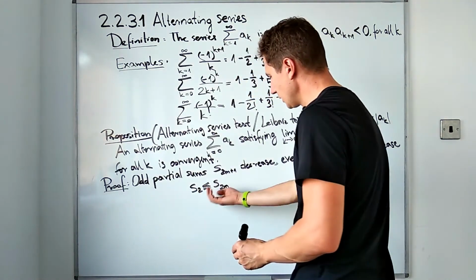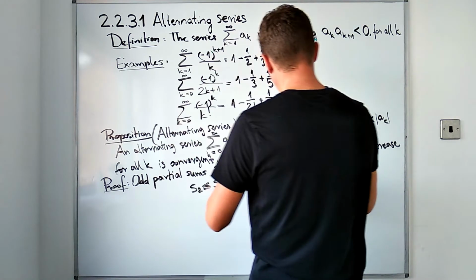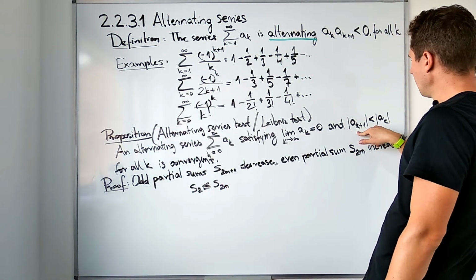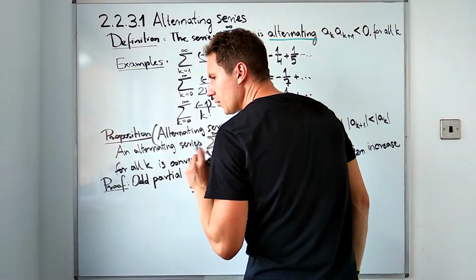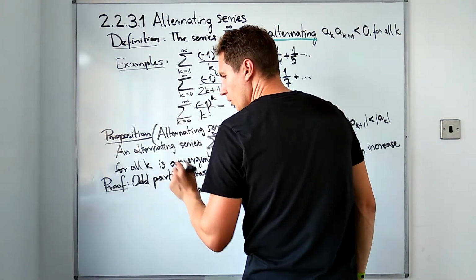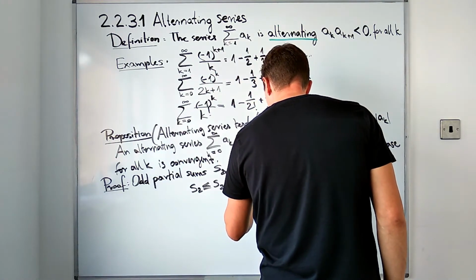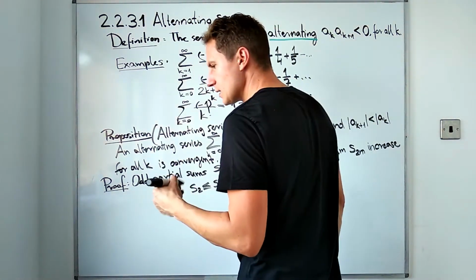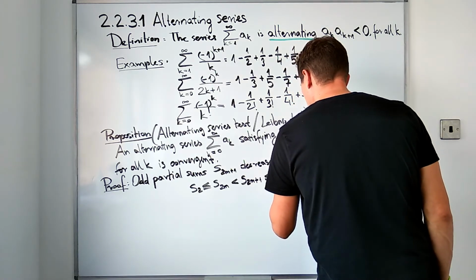At least for these terms we have this inequality, but we can also show using this inequality that it will be less than or equal to, or even better strictly less than, the (2m+1)th partial sum, which is going to be less than or equal to the first partial sum.